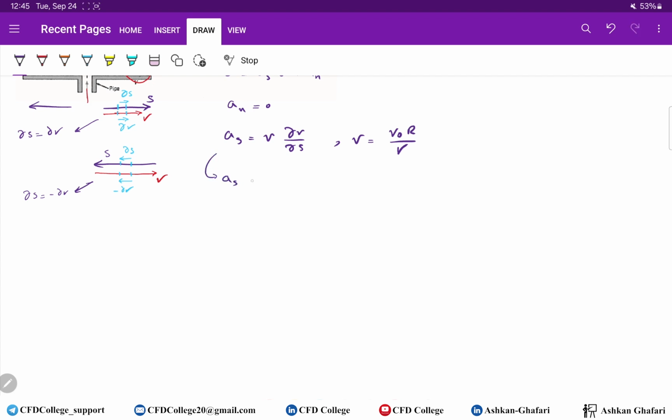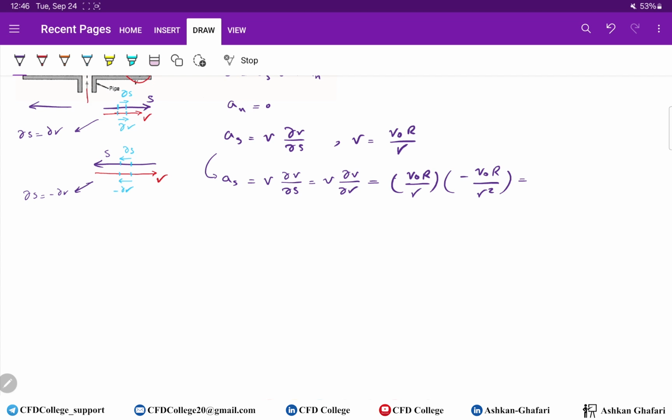So here in this problem, a_s equals V times delta V over delta S. This is equal to V times delta V over delta R. As I mentioned, delta S equals delta R in this problem. Now we can find the acceleration. V is V naught R divided by r, and the derivative of velocity with respect to r is minus V naught R over r square.